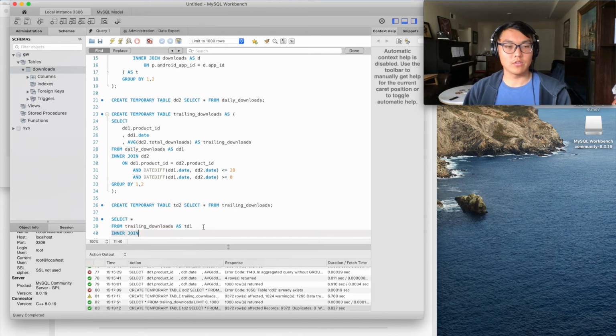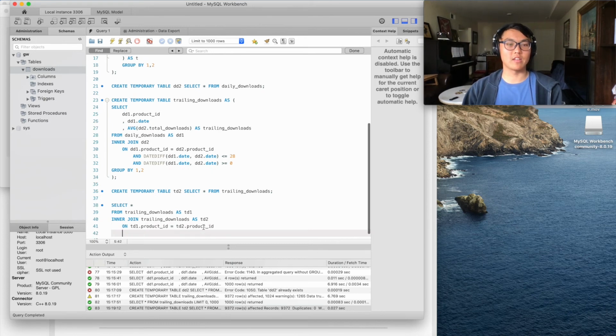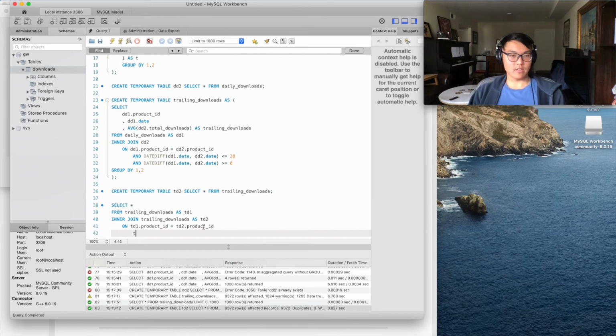TD1 inner join trailing downloads 2 on TD1.product ID is equal to TD2.product ID. So we always have to match product IDs, right? And then we have to grab the date and set it equal to the date 1 year ago. And so this would be DATE_SUB in MySQL.